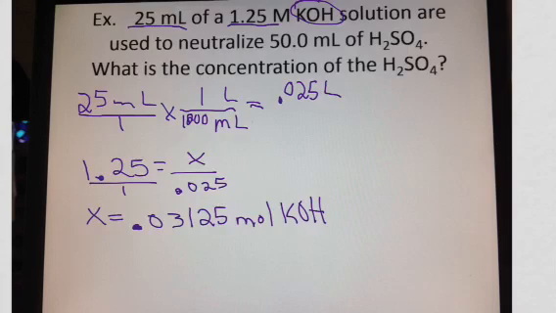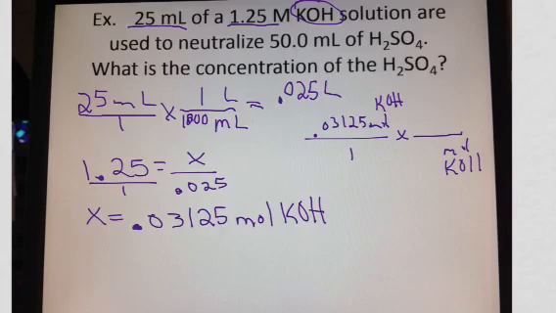Then you do a mole to mole, so you have to take that and convert it to moles of the other substance. So you put that over 1, do a mole to mole, moles of KOH to moles of H2SO4.